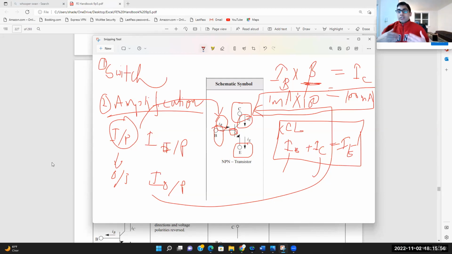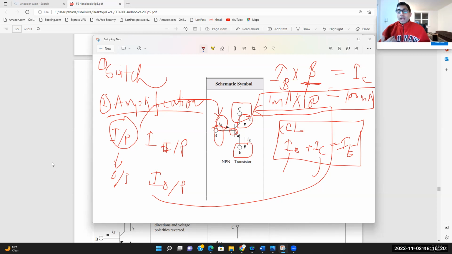So to summarize, a BJT can act either as an amplifier or as a switch. Right now, we are focusing on its amplification property. As I suggested, my input current is my base current and my output current is my collector current.